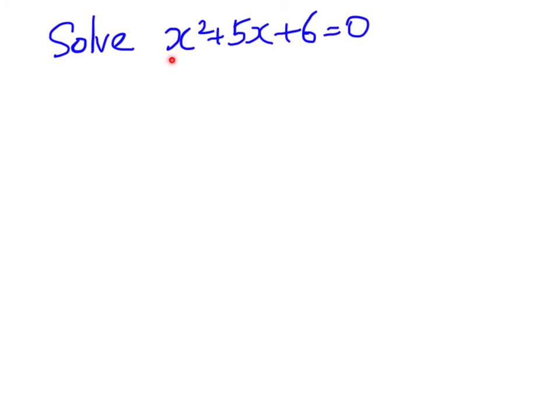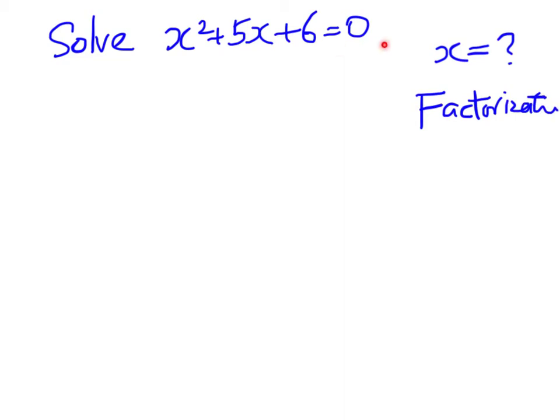And remember, this is not a factorization problem only. We have to find the answer for x. We have to find the final value of x to satisfy this equation. And therefore we start with our factorization first.